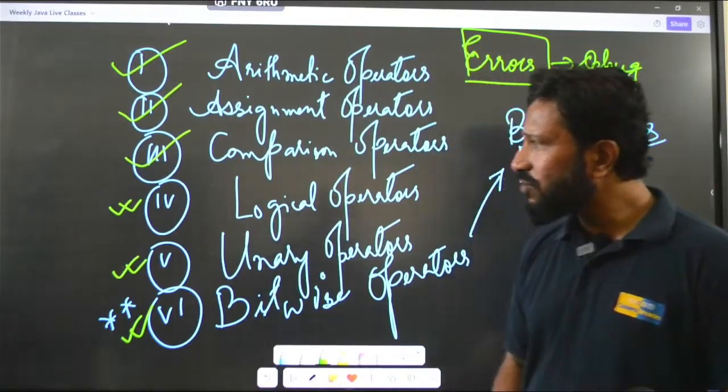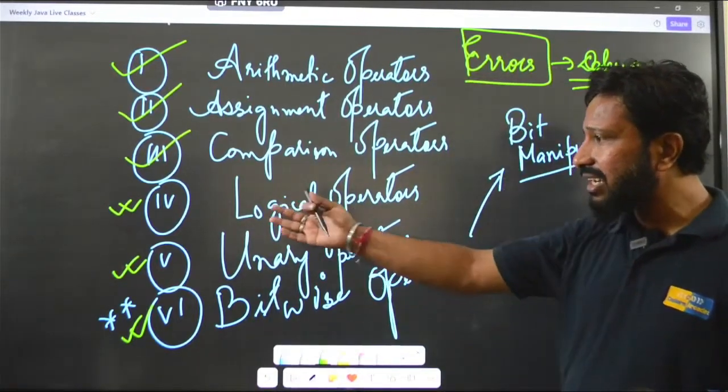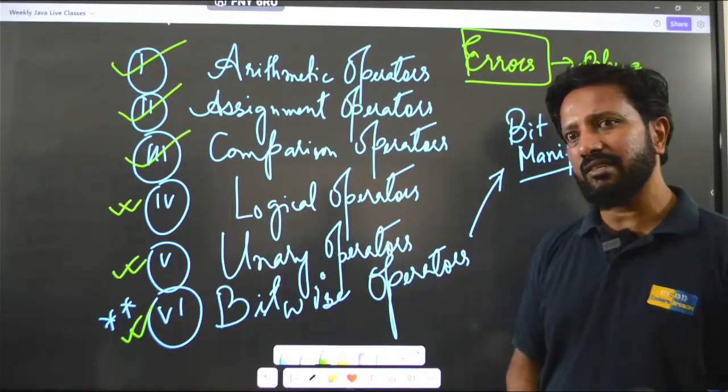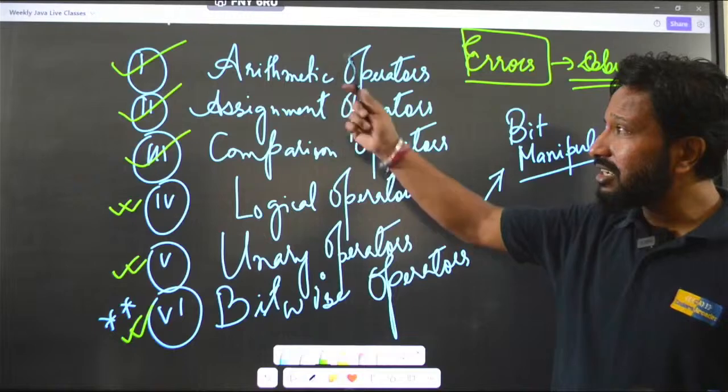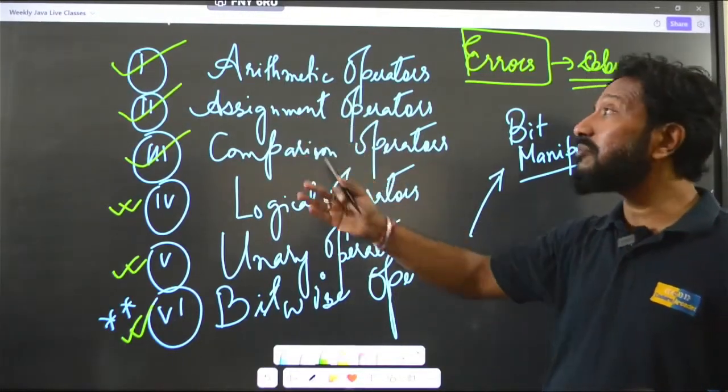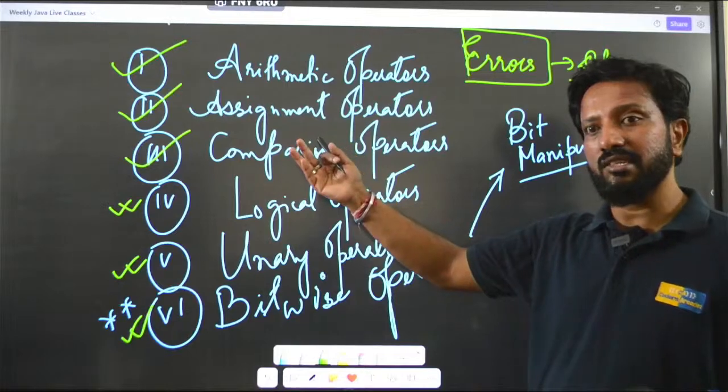Rather than taking up something randomly, we can go on with this in the next session, it doesn't matter. For now, we have already learned arithmetic, assignment, and comparison. You do your own practice, come up with your doubts and post them in the comment section.